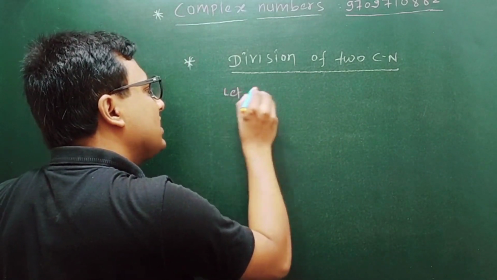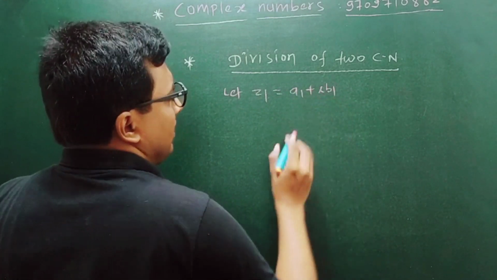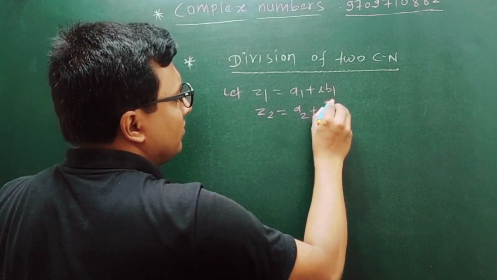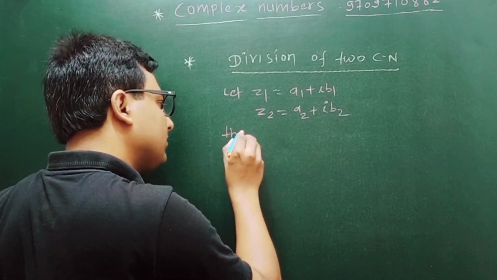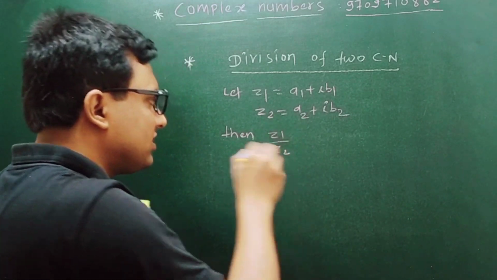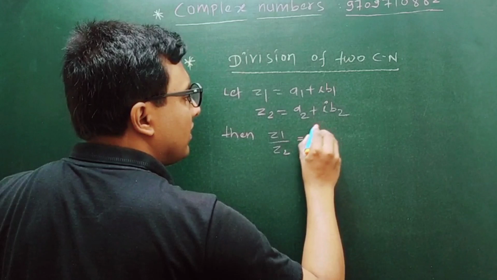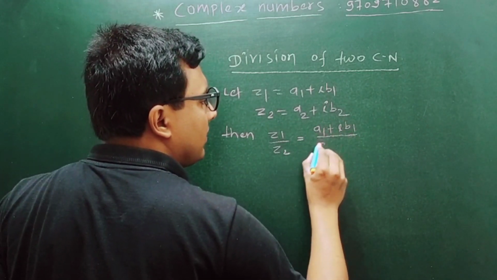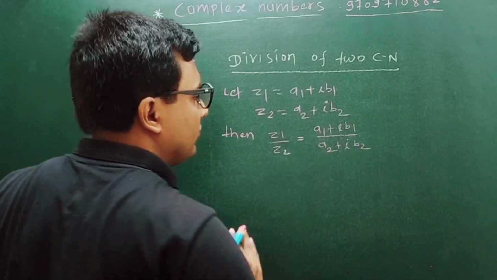Let two complex numbers be z1 is equal to a1 plus iota b1 and z2 is equal to a2 plus iota b2, right? Then z1 upon z2 is the division of two complex numbers z1 and z2, which is a1 plus iota b1 upon a2 plus iota b2.